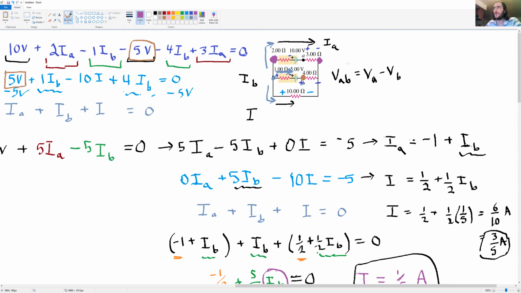Even further than that, the potential difference across each of these resistors has to be 0. Otherwise, there's not going to be 0 current. There's going to be current if there's a potential difference across either of these resistors in this branch. So the potential difference across these 2 resistors up here in the top ends up being 0 when you replace this 5 volts with a 15 volt. You should be able to see that when you simplify these equations.